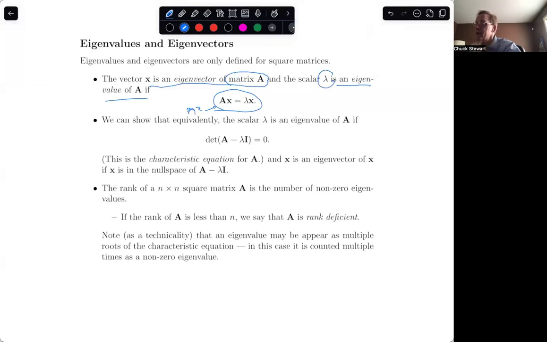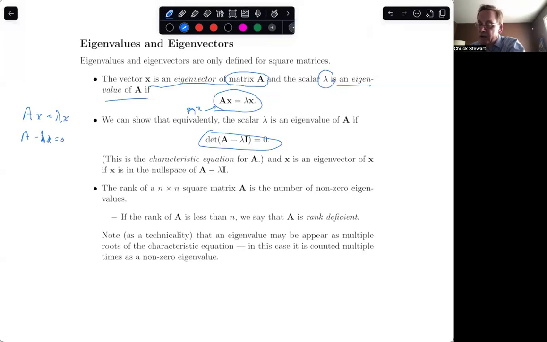So the other way to look at eigenvalues and eigenvectors is to look at this property. If we have Ax equals lambda x, then we have Ax minus lambda x equals 0.